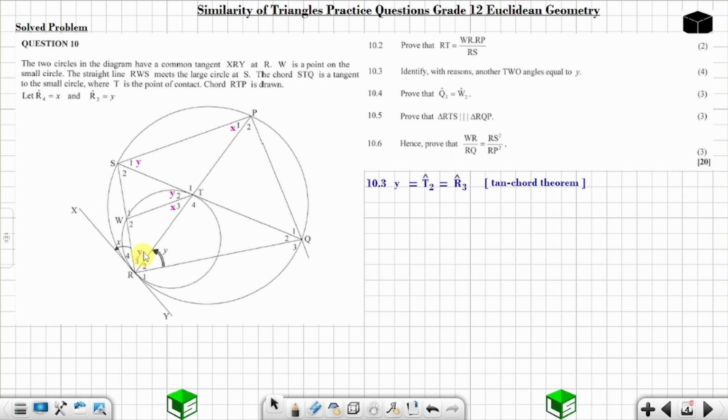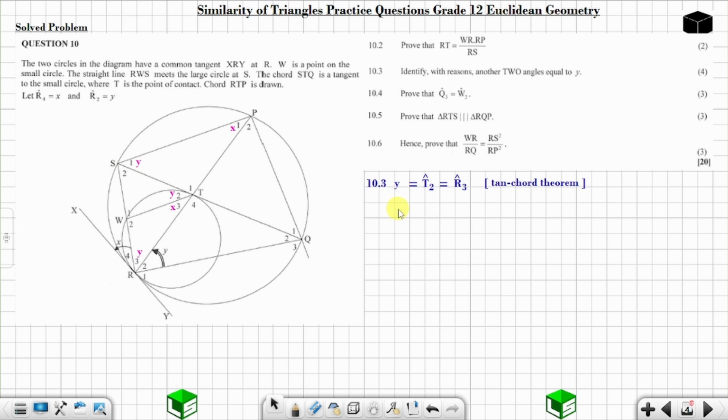Now this angle is subtended by this chord, the chord SP or the arc SP. So you can see the angle Q1 is also subtended by the same chord SP or the same arc SP. The angle Q1 and R3, they are subtended by the same chord or the same arc.